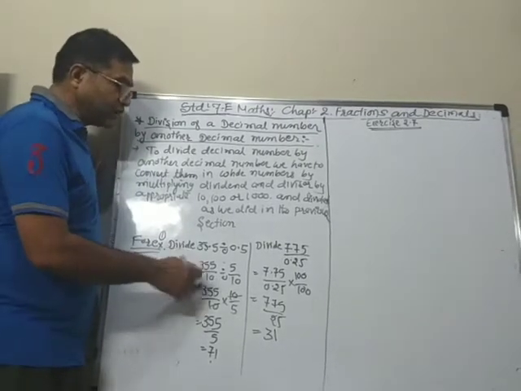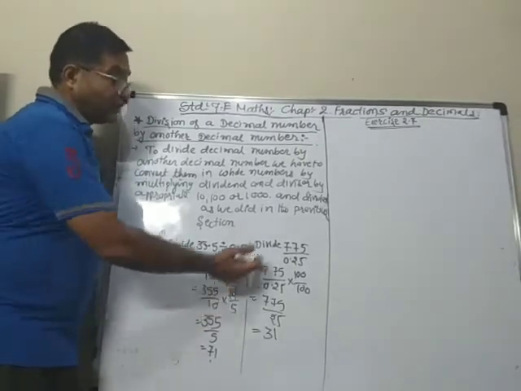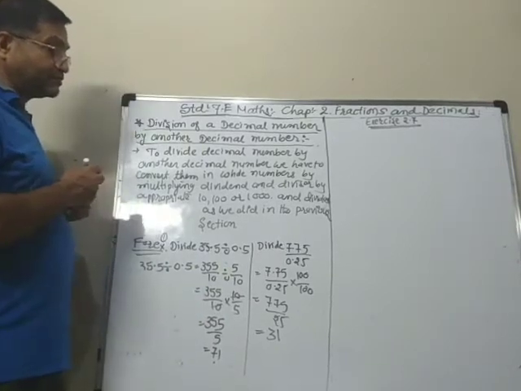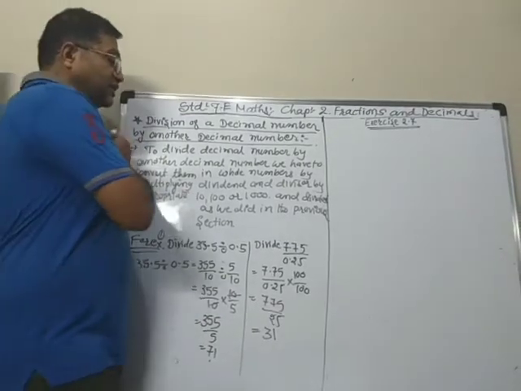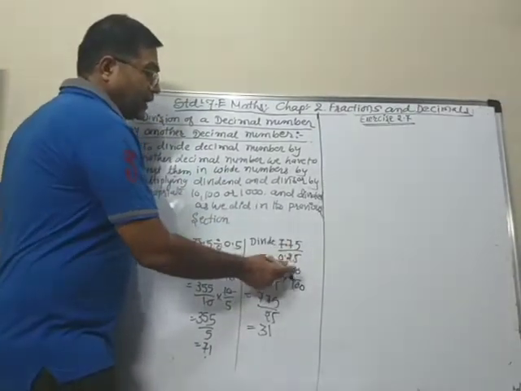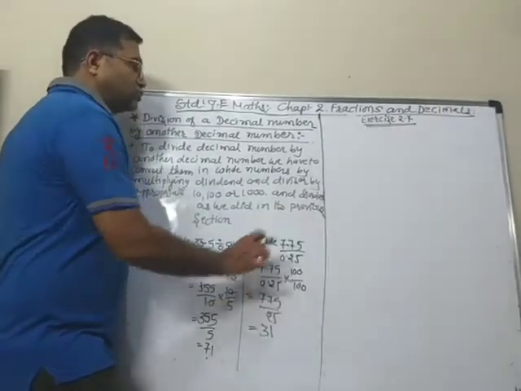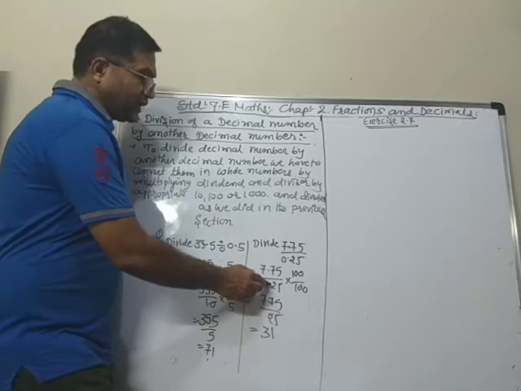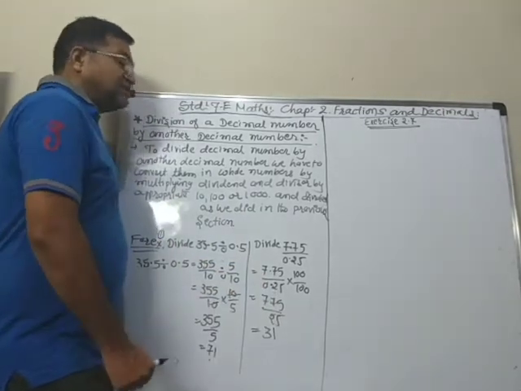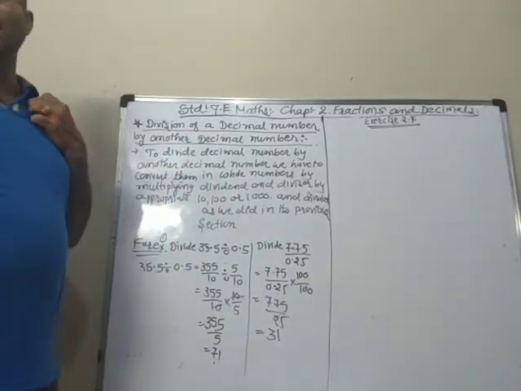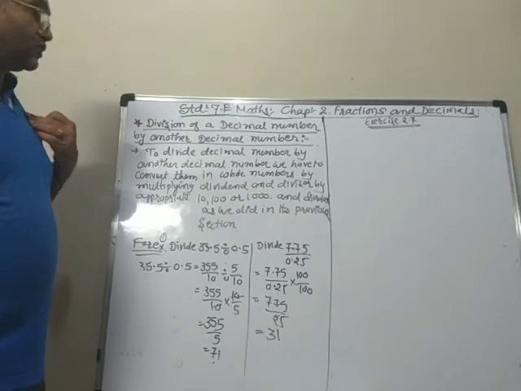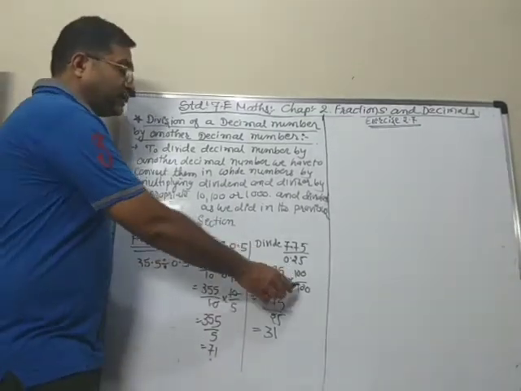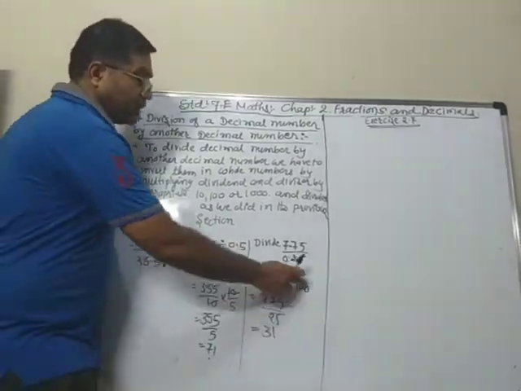The same sum you can do by another method also. For that I take an example. Here you can see that in the dividend and in the divisor both have two decimal places. So to convert 0.25, we know that there are two decimal places, so we have to multiply by 100. You have to multiply both the numerator and the denominator by 100.